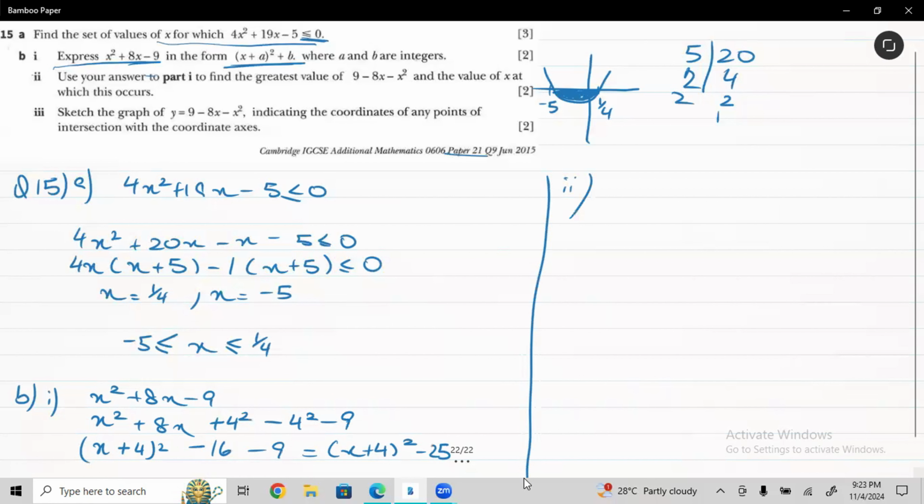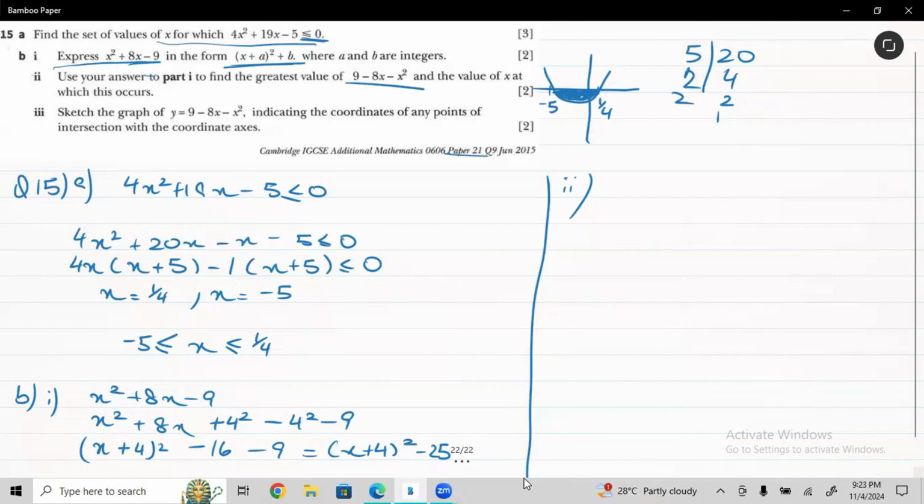For part 2, what they've asked is to use your answer in part 1 to find the greatest value of 9 minus 8x minus x squared and the value of x at which this occurs. So they've given this equation.